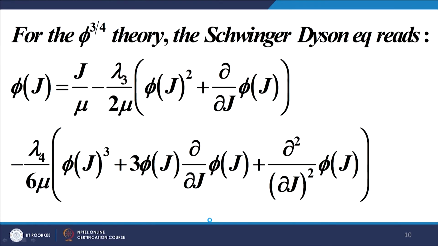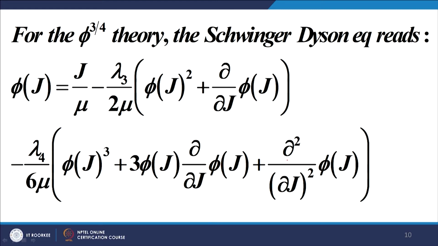For the phi 3/4 theory, that is when we have two interaction terms, the cubic interaction and the biquadratic interaction, the Schwinger-Dyson equation for the field function takes this form. You can see there are two additional terms.